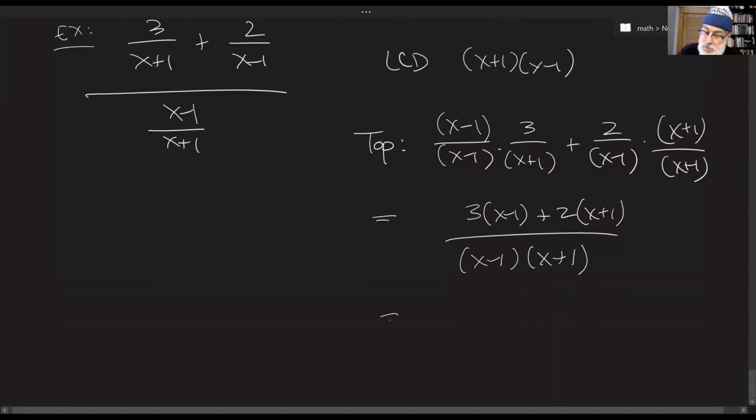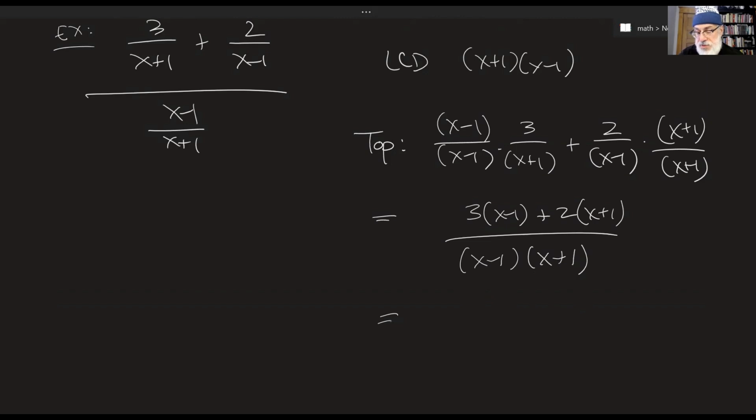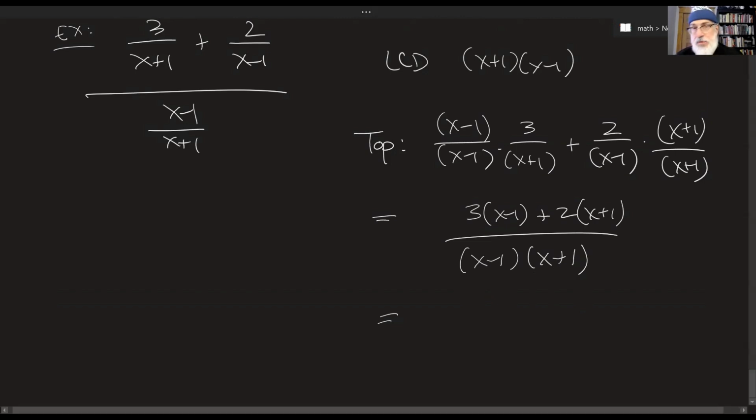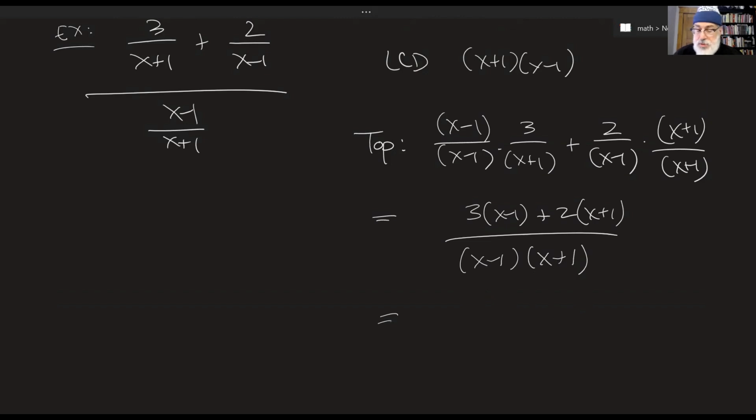Again, there's an easy sort of way to think about this, to do the top and the bottom of this initial fraction, the larger fraction, and handle it all at once. But I'm doing this step by step so you get a better sense of what's happening. Now I'm going to look at the top here and see, do we want to simplify that? Well, let's not.